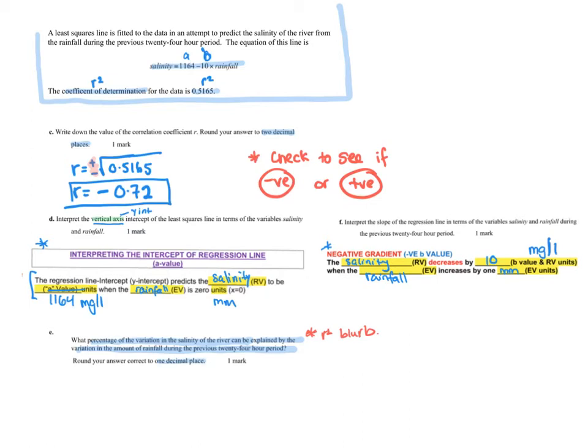They want 1 decimal place. So I got 0.5165 times 100. So it'll be 51.65. But they want 1 decimal place. So 51.7% of the variation is there.